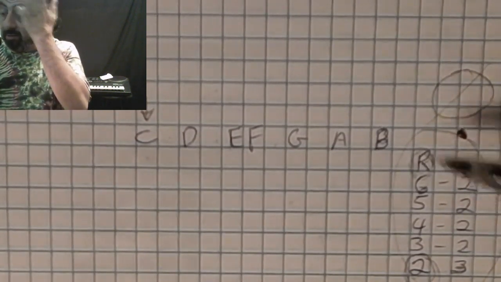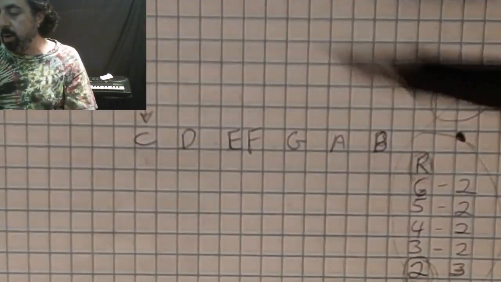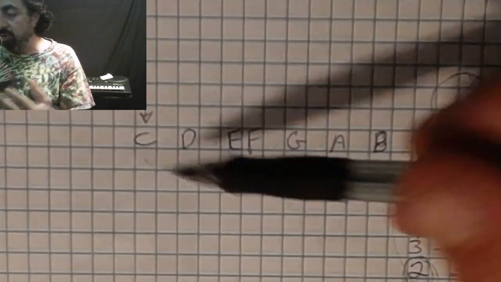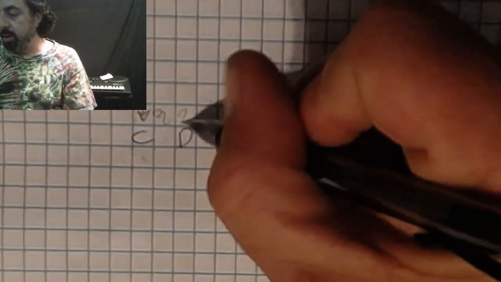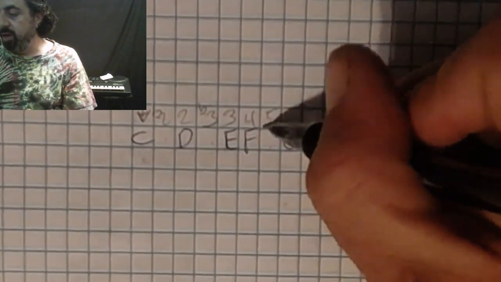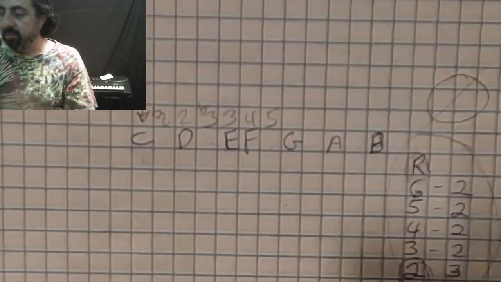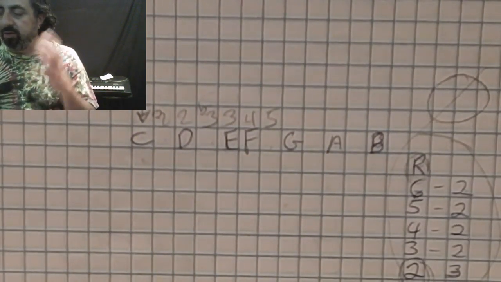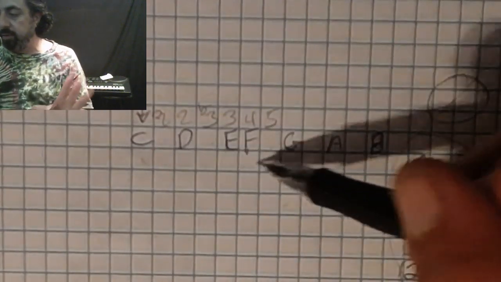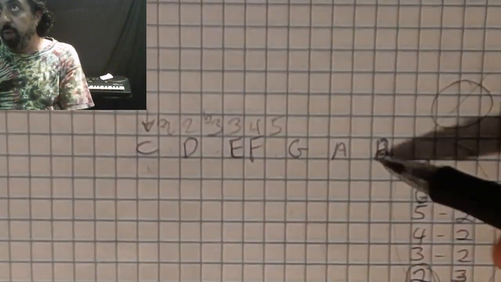And the neat thing is, from your root, if you stretch out going forward and going backward, they are the same. So in other words, if I go up, say, flat second, second, flat third, third, fourth, fifth, there's a pattern. It's not exactly all laid out. That's why this doesn't jump out at people, because there's a weird pattern involved. But here's the neat thing. If I go this way or this way from the root, the pattern is the same.